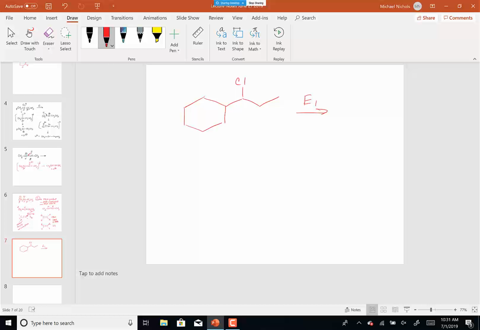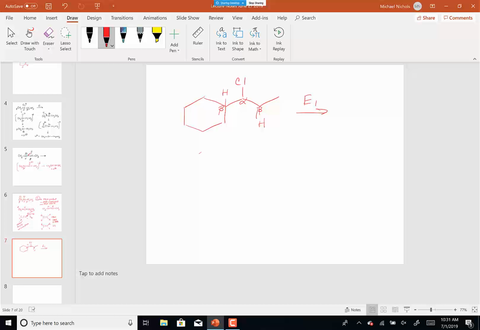So we want to count alkyl groups once we get the double bond. In this case, here's my alpha carbon, there's beta carbon 1, beta carbon 2. Do the beta carbons have hydrogens? Yes.